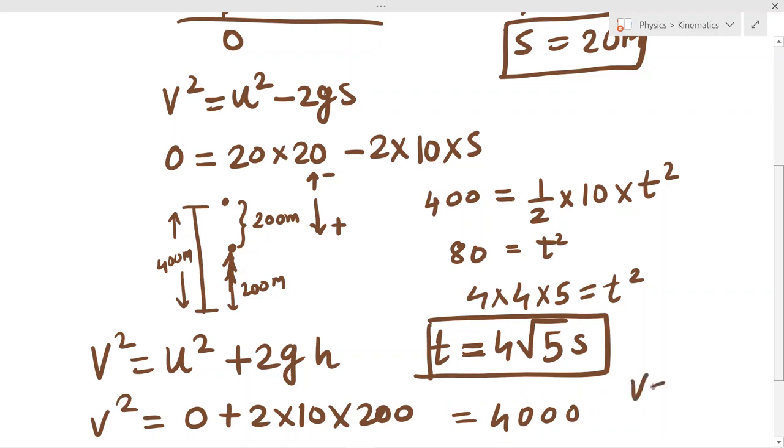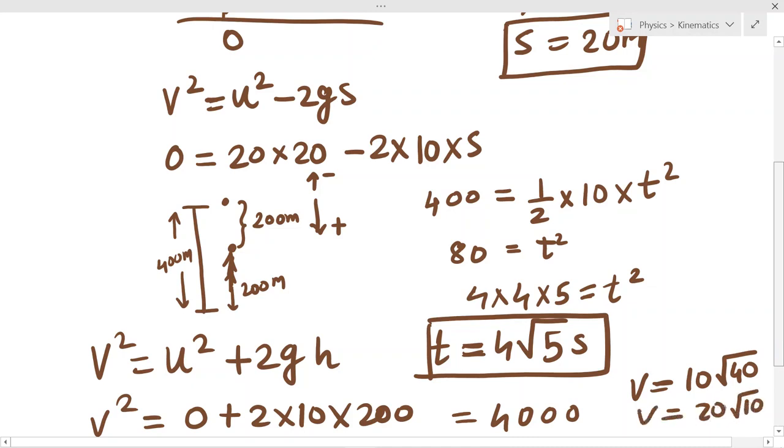And take the square root of that, which will be 100 square root is 10 into square root of 40. So this will be 20 square root of 10 meter per second. This is the velocity.